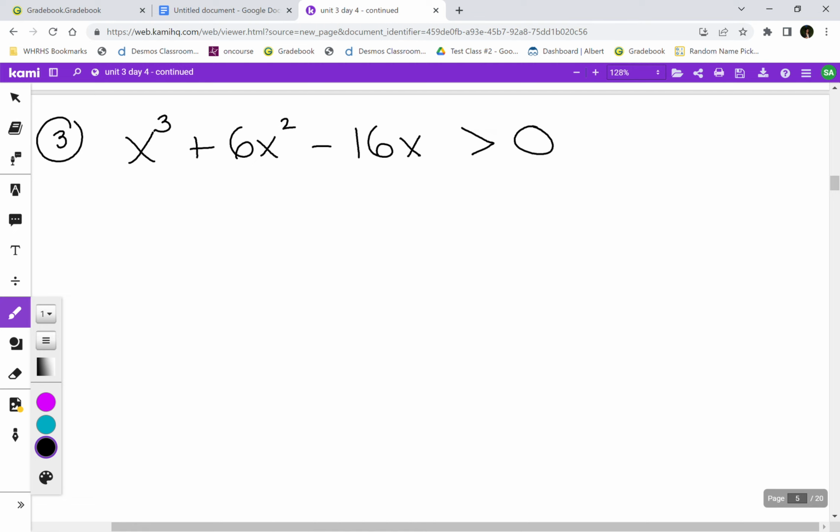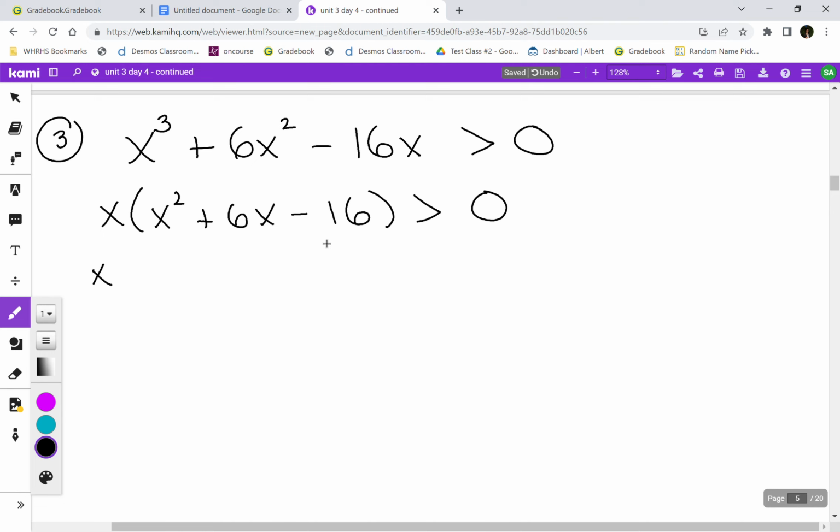Okay, so we need to factor. To start off, what are we doing when we're factoring? Pulling out a GCF of x. So now we have x times x squared plus 6x minus 16 is greater than or equal to 0. Let's keep going.